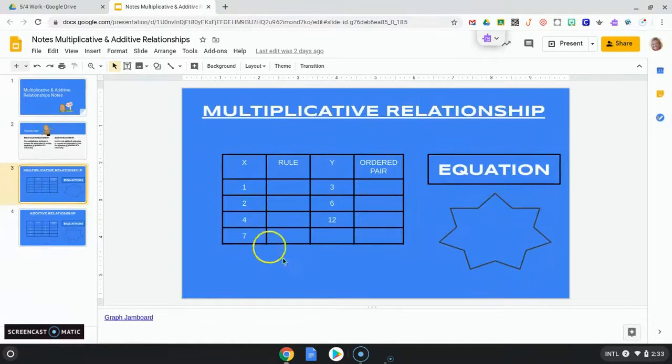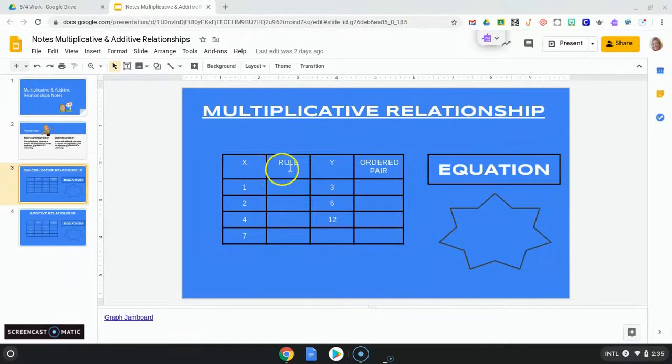Starting with multiplicative relationships, we're going to be talking about the rule. By rule, I mean, how am I getting from X to Y? And remember, Y being your outcome, that is your answer.